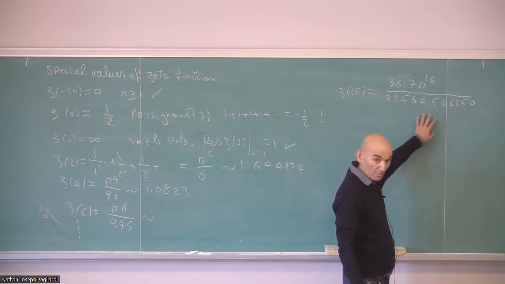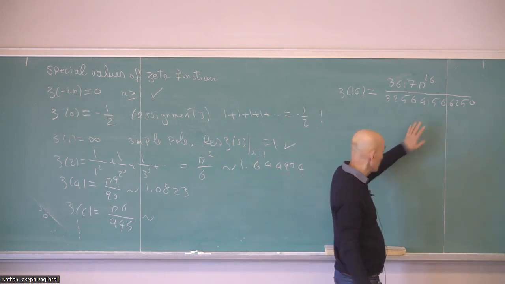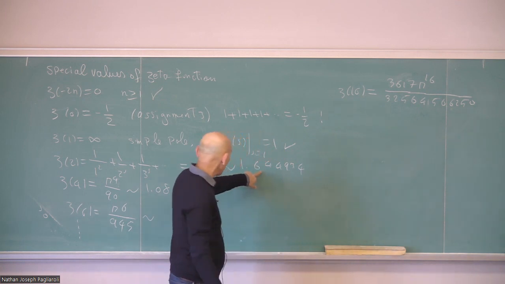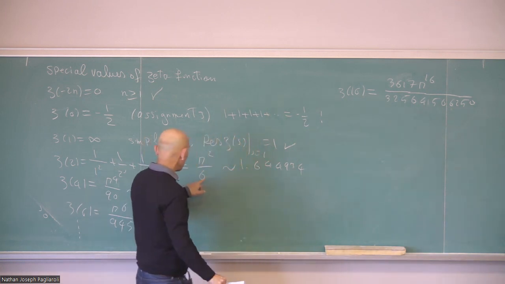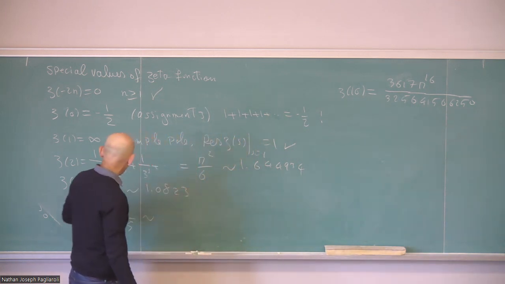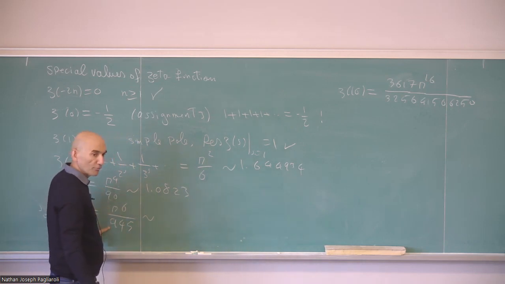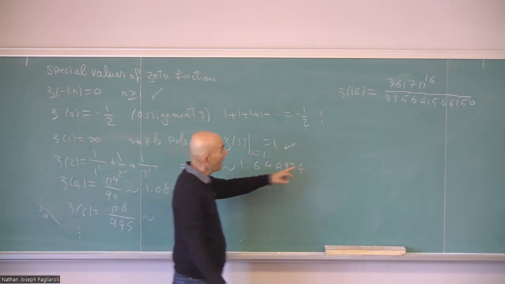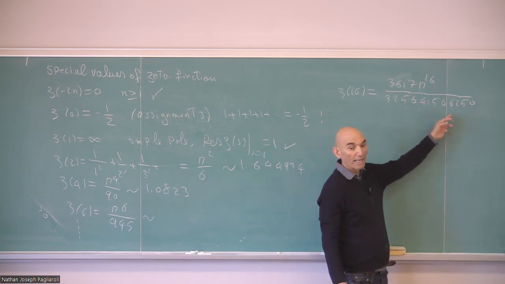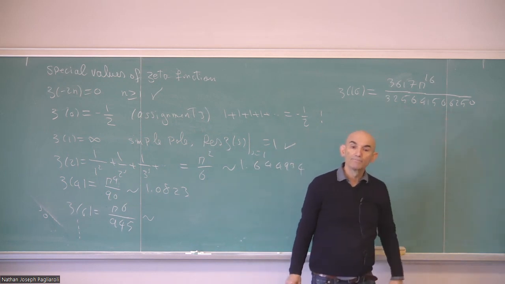This is exact, by the way. This is not an approximation. These coefficients, 1 over 6, 1 over 90, 1 over 945, and this 3617 divided by that, these are exact.